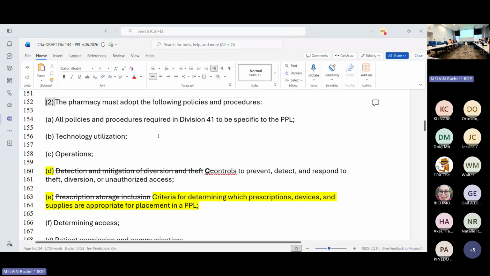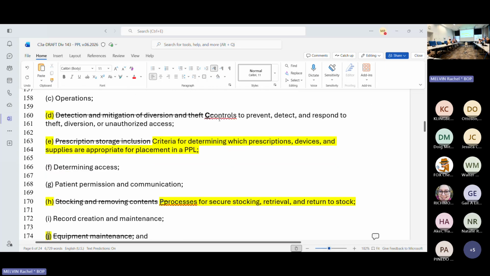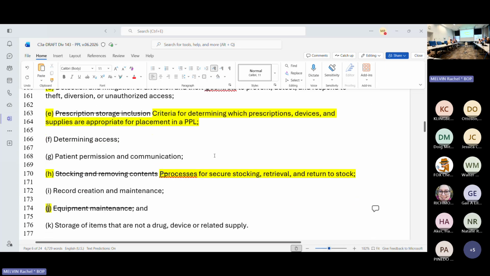So the language here is clear in capturing that criteria for determining which prescriptions, devices, and supplies are appropriate for placement in a PPL. Paren F, determining access, who may access, how, when, if it's a maintenance person who has to go, all those other circumstances related to that. Paren G, patient permission and communication. Again, the board had a very broad must require. This is how the outlet gets there to meet the board's rules.